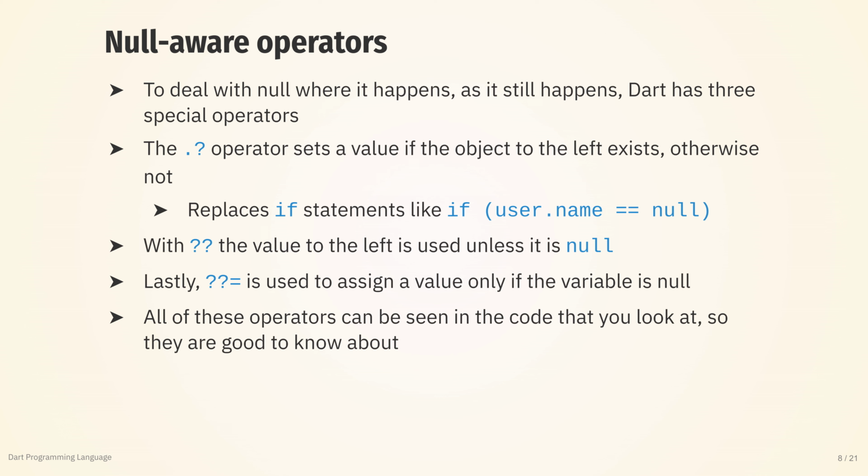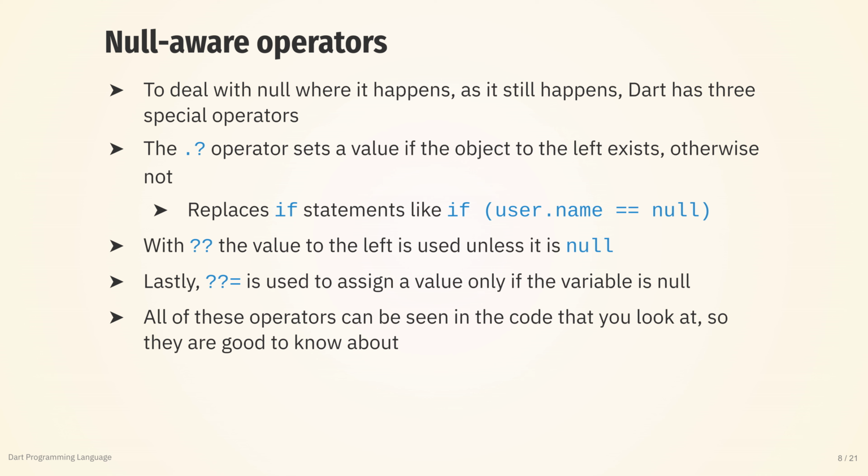As is the double question mark, which sets the value unless it is null. And lastly, double question mark and an assignment after that is used then to assign a value if the variable is null.